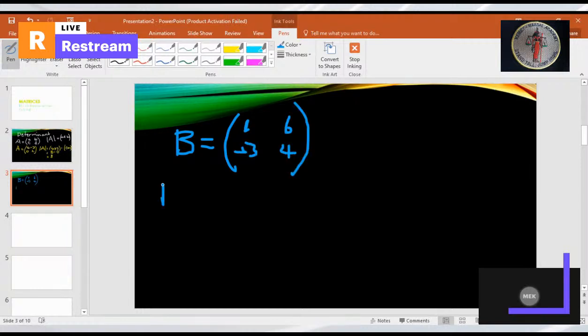So the determinant of B would be 1 times 4 minus 6 times negative 3.